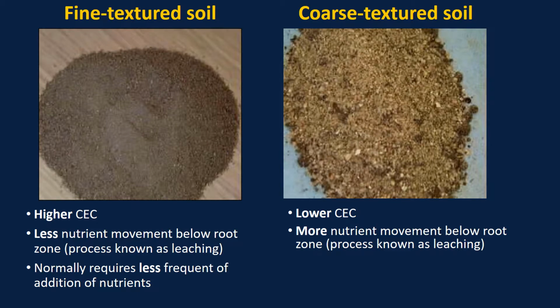And because of larger pores, water goes through faster, and with not a lot of negative charges on the soil particle surfaces, nutrients aren't going to be held on to as tightly or as often, so they're going to have a higher chance to be moved down and past the root zone. It's called leaching. And then, because it's not holding on to as much, we usually have to add nutrients to these soils more often.